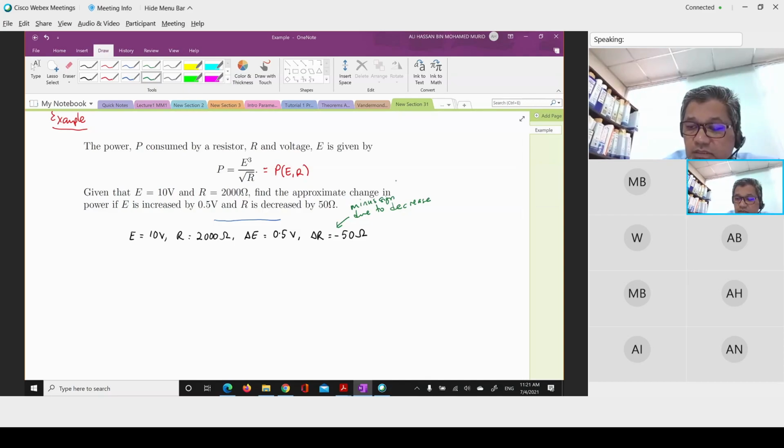So we want to find the approximate change in the power.